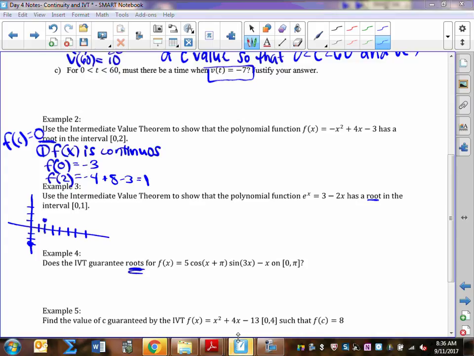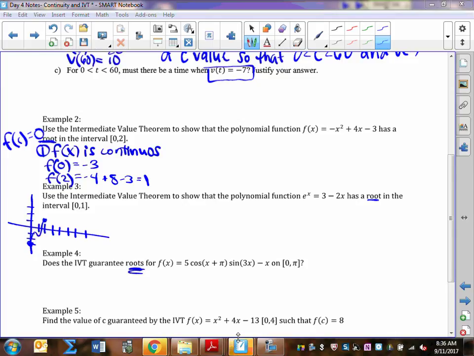That's what the intermediate value theorem is guaranteeing us. We don't really know what it looks like, but we know that at some point, if I'm not allowed to pick up my pencil between here and here, it has to go across that x-axis. Alright, so we got continuous, our endpoints are different, and the point we're questioning is in between those, right? Negative 3 to 1 does have to cross 0 somewhere.